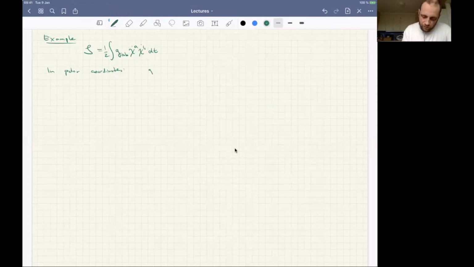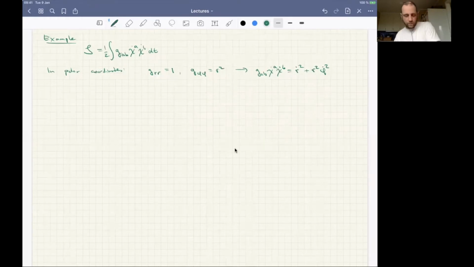So we already said that GRR was 1 and G phi phi was R squared, which means that this GAB chi dot A chi dot B is R dot squared plus R squared phi dot squared. And so our L is 1/2 times this.